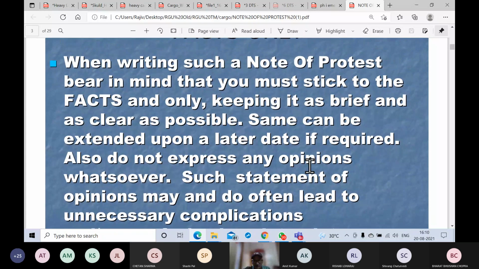So this is one thing. It should limit yourself to facts only, keeping it brief, and should be accompanied with all kinds of evidences which will help you to justify why you are making NOP. For example, if you are fearing damage due to weather, then all things can be included in the evidence part or the record part. What all can you include?